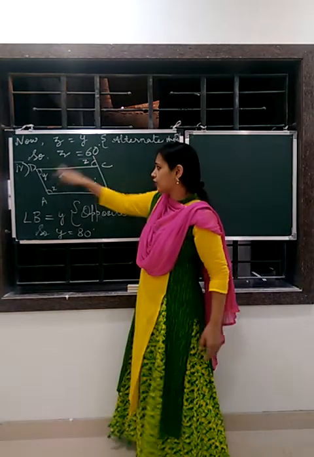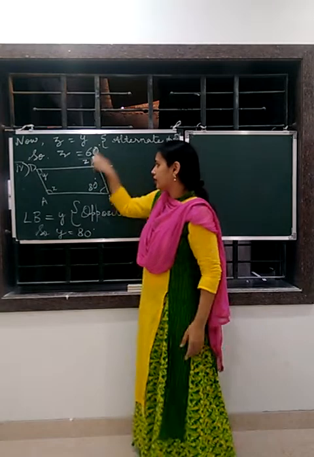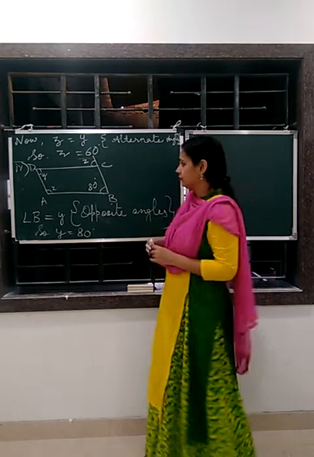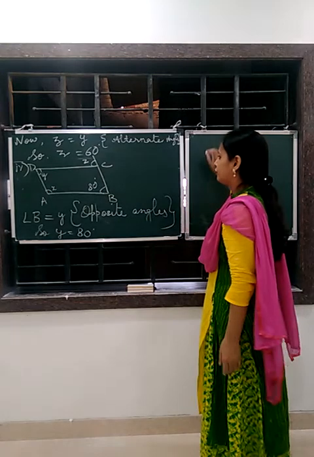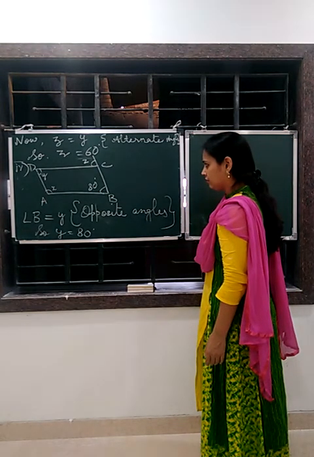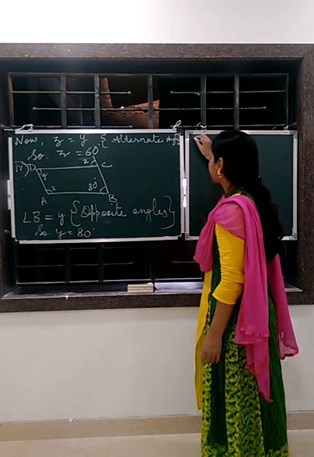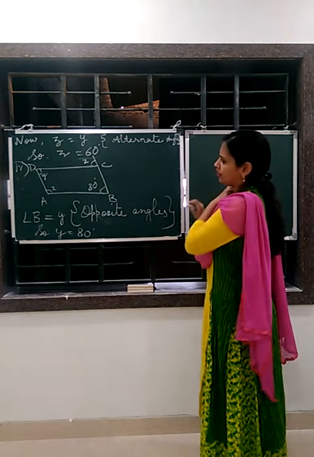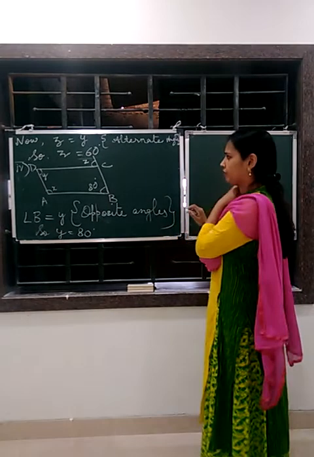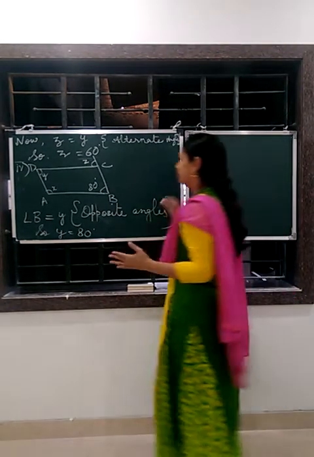Now Y is equal to Z. Why? Because they are alternate angles. Also these two angles are same. They are also adjacent, but they are said something else. I'll let you know, children. I'm not getting that name. I'll let you know in my next video.